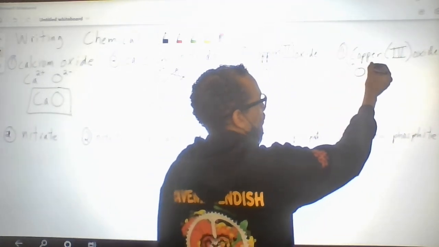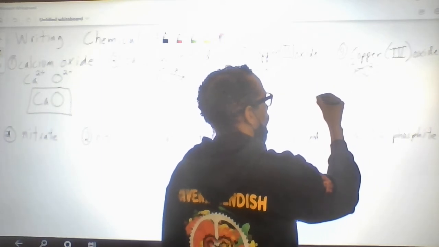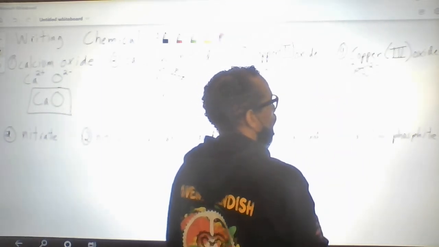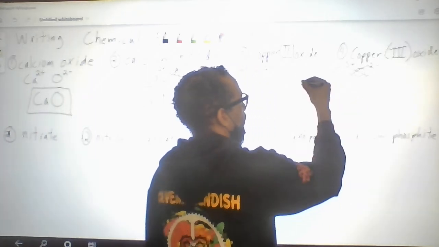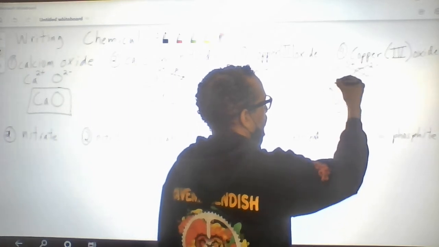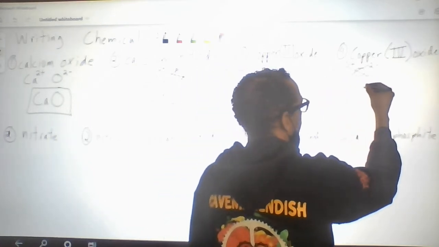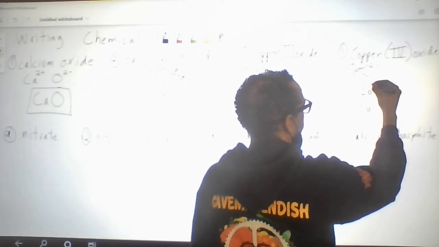These numbers are different, so I know I'm going to use the cross and drop method. So now we have Cu2, and then this is O3. Okay? Then I'm going to look at these as 2 separate things. All right, so I have copper. This is 3 plus.